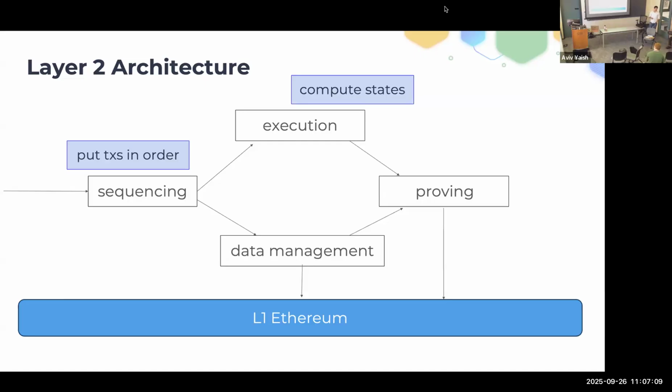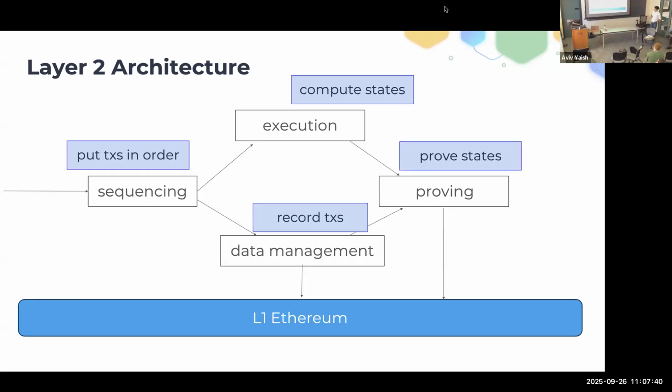After that order has been decided, the transactions are forwarded to the execution engine, which computes the resulting state from those transactions, the state of the layer 2 blockchain. In addition, the transactions are sent to the data management component, which posts these transactions to Ethereum. Once those are on Ethereum, that's the source of truth as to what the transactions on the layer 2 are.